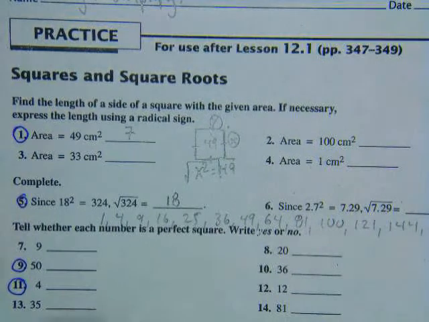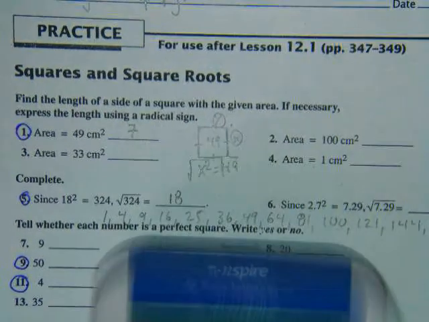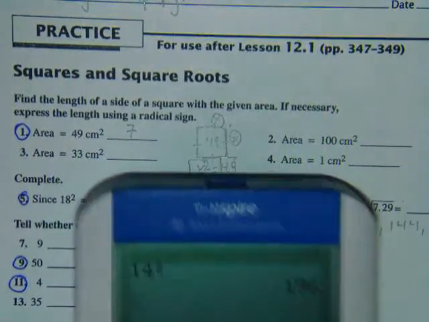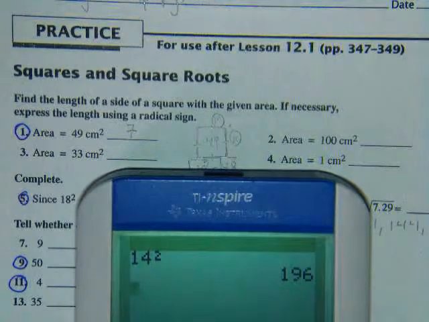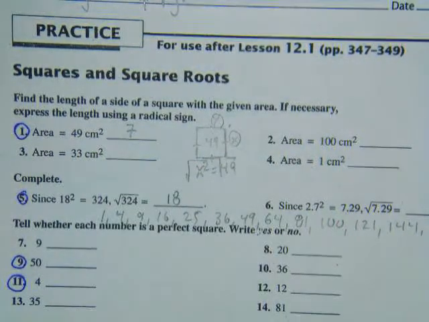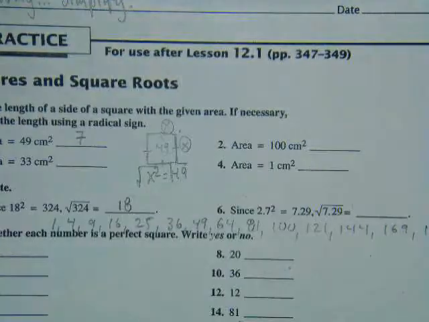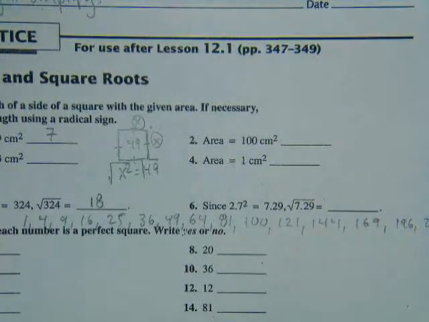I can't remember. I should know that. Shame on me. 14 squared. If I don't know, I use a calculator. 196 and then 225. So there they all are, all the way to 15.